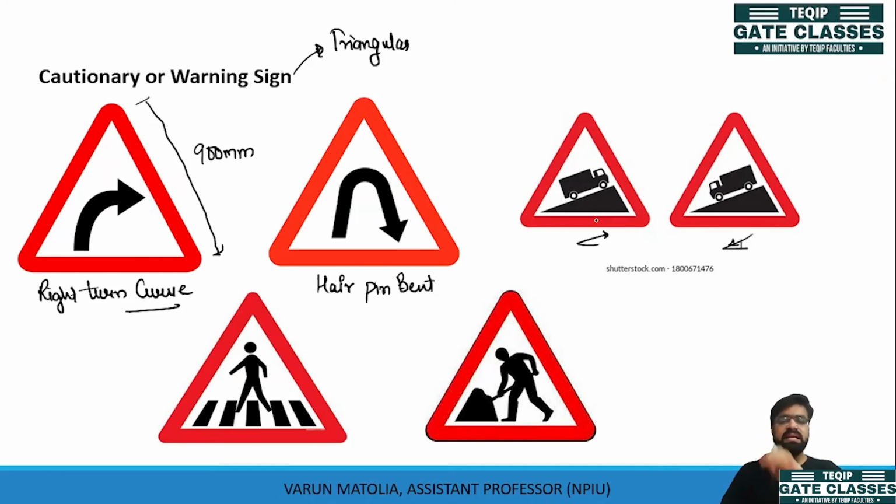Whenever there is ascending terrain, you will have the first sign. Whenever there is descending terrain, you will have the second sign. The third sign, which you can see, shows a person moving on these strips, means there are pedestrian crossways present on the road ahead. So you should regulate yourself and keep caution while driving through these portions.